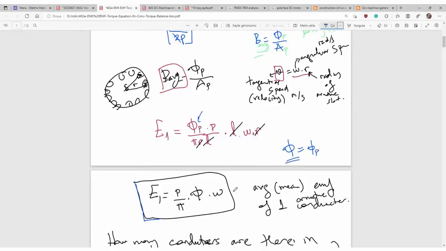I use this one. In some books, it is given as pole pair. In some books, it is called maximum flux lines, since we have collected all the fluxes. But I prefer just flux, pole flux.